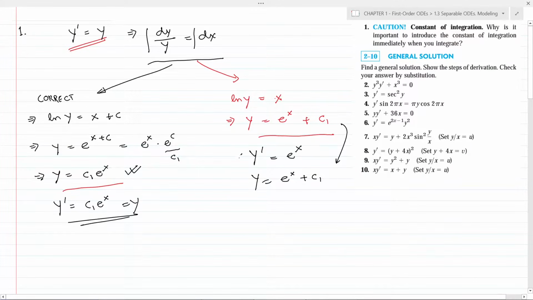So here y dash is not equal to y. So this is not actually a solution to the ordinary differential equation. So we see that if we don't introduce the constant of integration immediately after we integrate, we might get a wrong result.